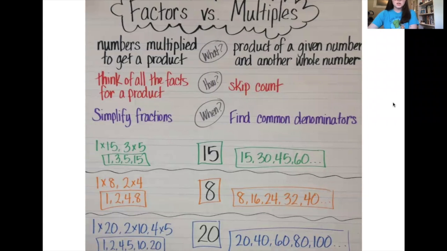So to get started, we're going to talk really quickly about the difference between factors and multiples. We hear these words a lot in math, and a lot of the times we think that they mean the same thing, but they don't.